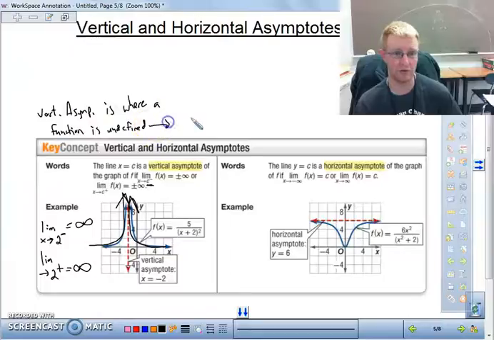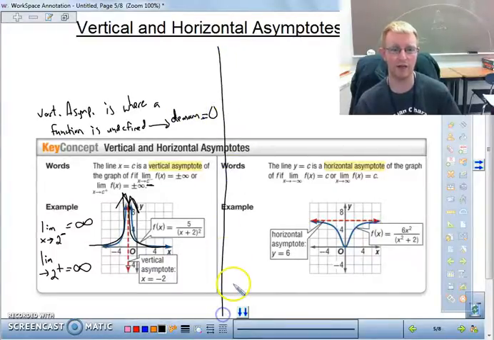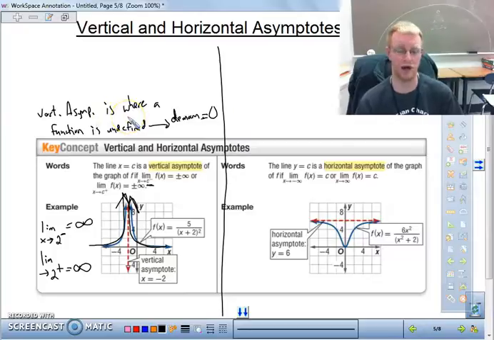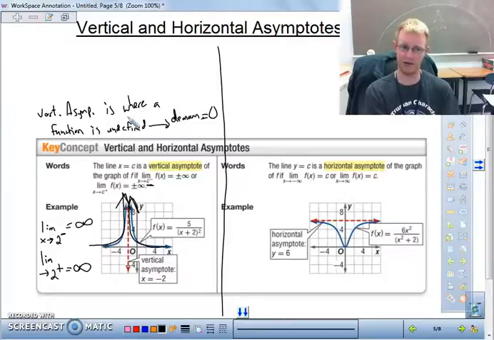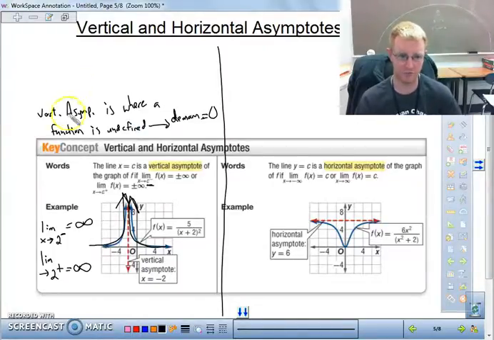So that means denominator equals 0. We have to know that. That is so important. Don't try and memorize, oh, it's where the bottom equals 0. Understand vertical asymptotes are where a function is undefined. So if it's where it's undefined, then think about where a function is undefined when the fraction is 0 on the denominator. Okay, so that's vertical asymptote.